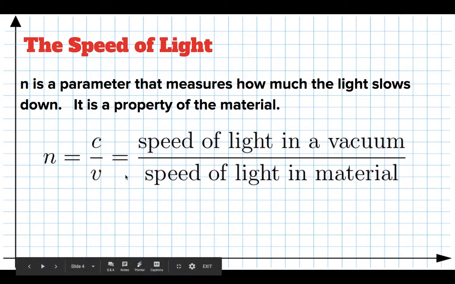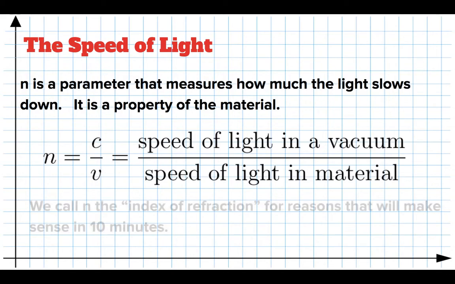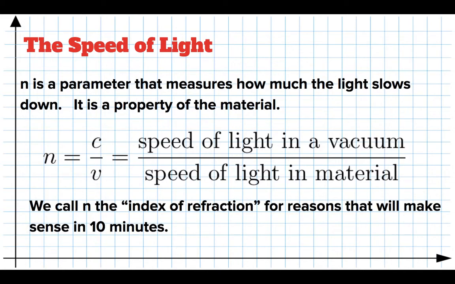Since it always slows down in a material, v is always smaller than c, which means the ratio n is always bigger than 1. So n can never be smaller than 1. n equals 1 in a vacuum, and then it's always bigger for all other materials. We're going to call it the index of refraction, which will make sense in a little bit, but you can think of it as a slowdown factor.